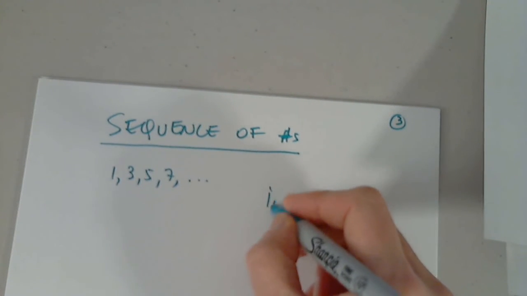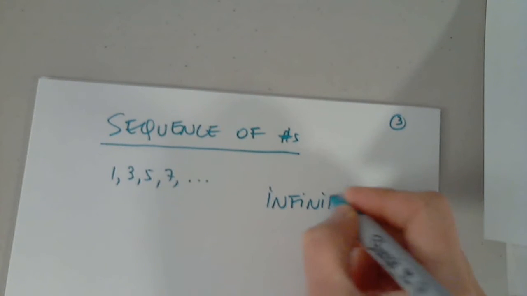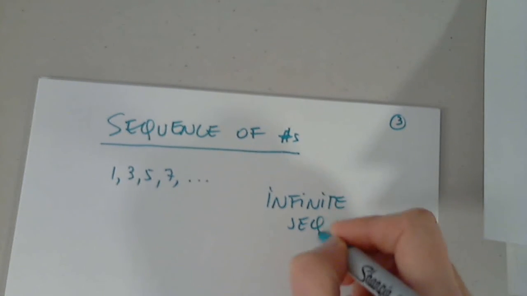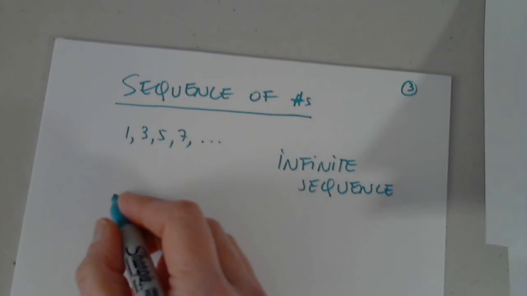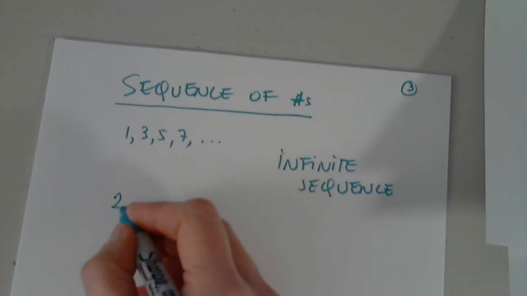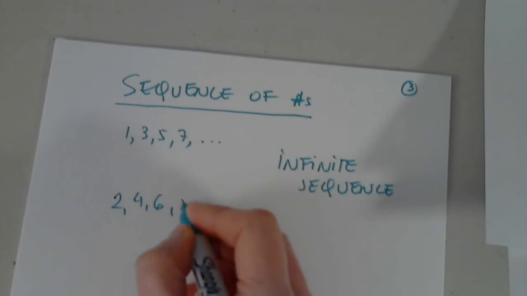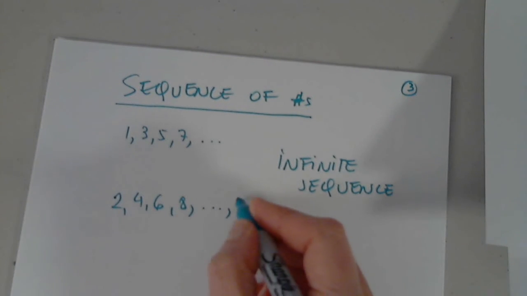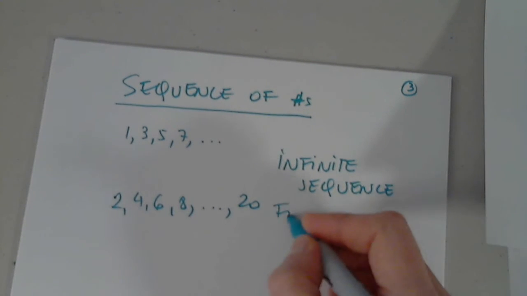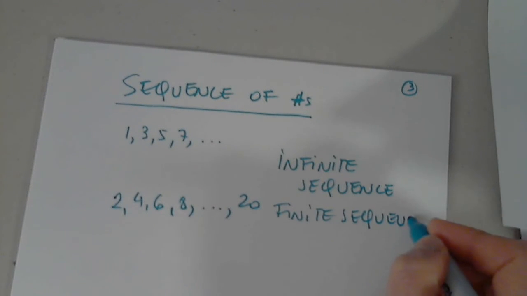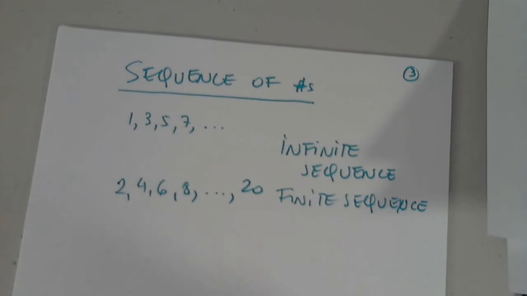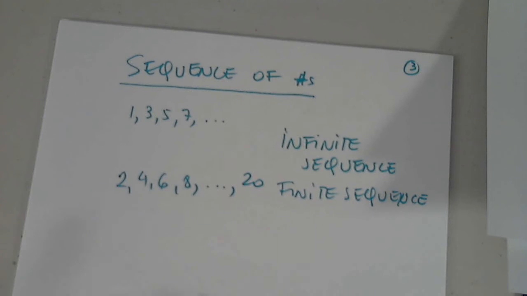And this is an infinite sequence. I can have a finite sequence. Let's say another one: 2, 4, 6, 8, up to 20. This is a finite sequence. It doesn't go on forever. It only has the terms between 2 and 20.